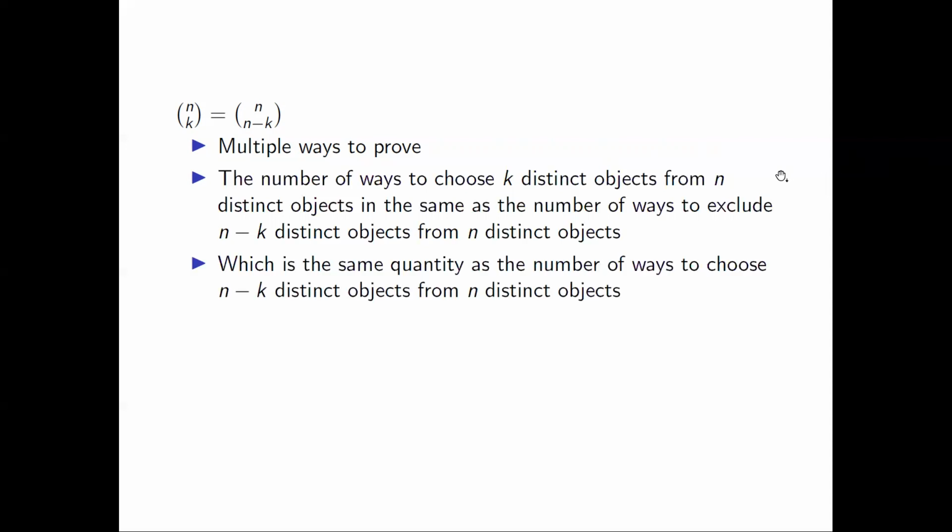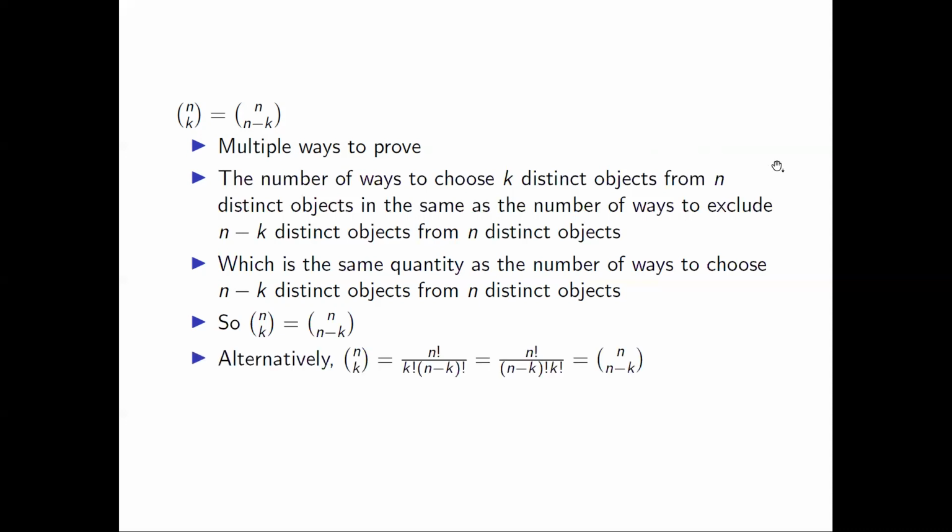And we can note that the number of ways to exclude n minus k distinct objects from n distinct objects is actually the same as the number of ways to choose n minus k distinct objects from n distinct objects. And that tells us, just by definition of the binomial coefficient, that n choose k equals n choose n minus k. So that's one way we can see that one.